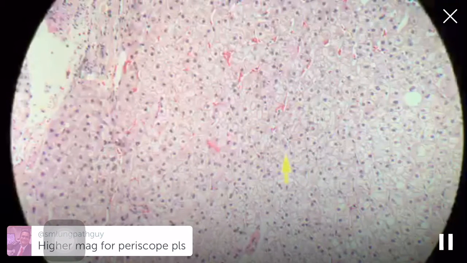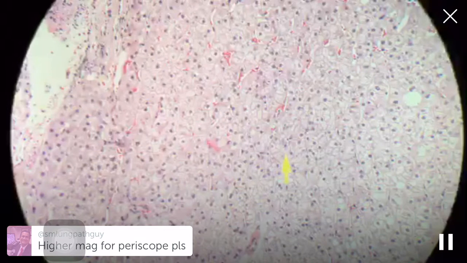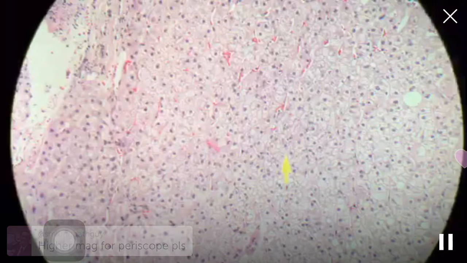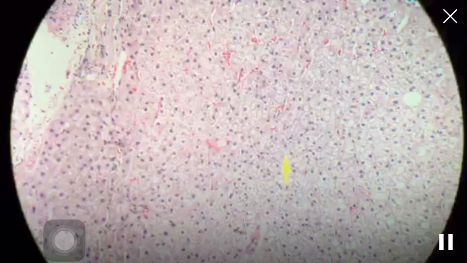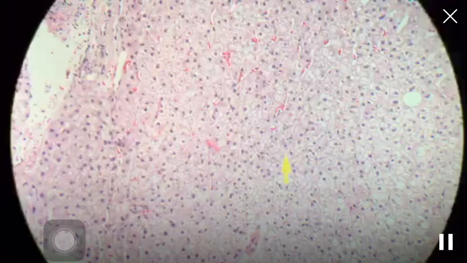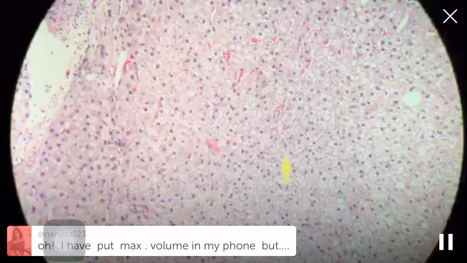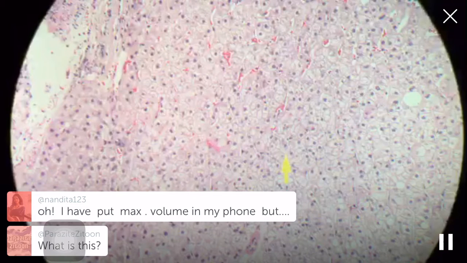And in his honor, the group of people in the world who are interested in Mallory bodies renamed them Mallory-Denk bodies. So we now call them Mallory-Denk bodies, D-E-N-K. So if you're still saying Mallory body, please remember Professor Denk in Graz.